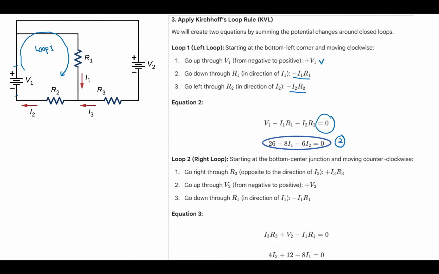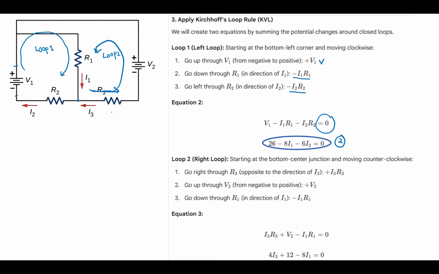And then loop 2 is starting at the bottom center here and then moving counterclockwise. This is loop 2. And then going right through the R3, we are looking at this direction.